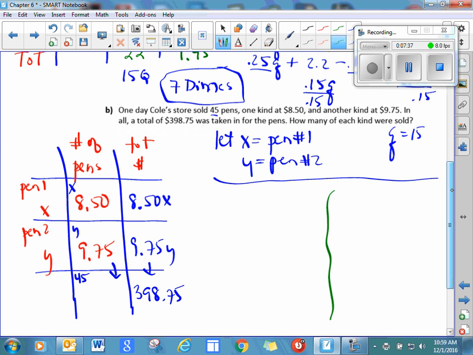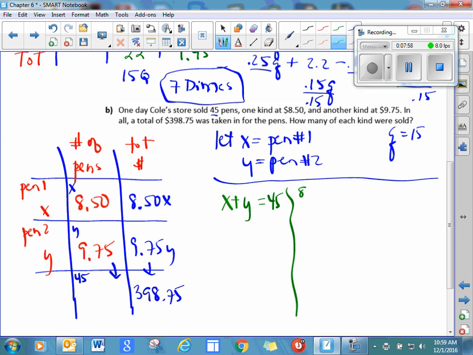Lots of pens. So I'm going to go set up my 2 equations and see what makes sense for me to substitute. The first equation is pretty simple. Your 2 kinds of pens added together need to give you the 45 pens that you have. Let me erase this because I'm going to use the space on the other side. The second one has to do, of course, with the value, just like our problem up above it.